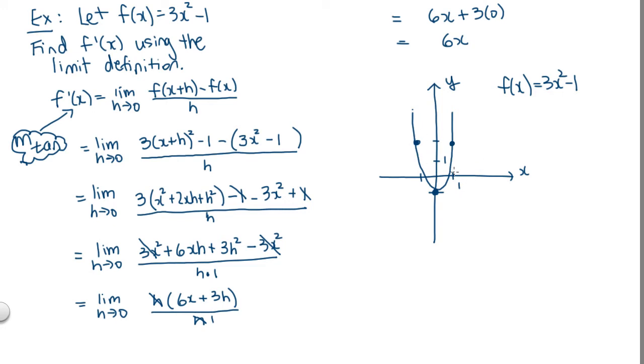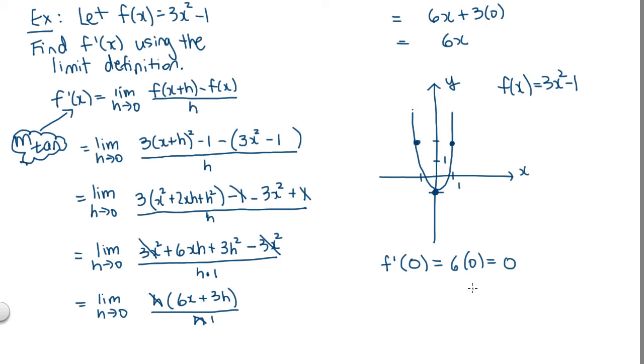So there's our function. And now what this f prime is allowing us to do is we can plug in any x value that we like here. So say f prime of 0. Going back to our formula here, it's going to be 6 times 0, or 0.